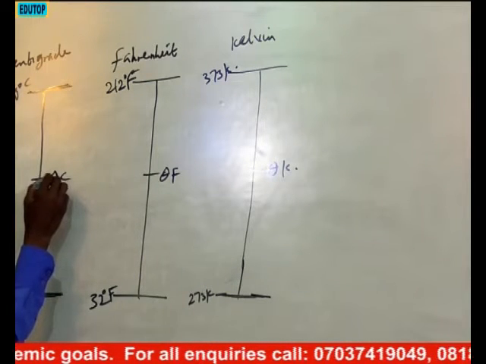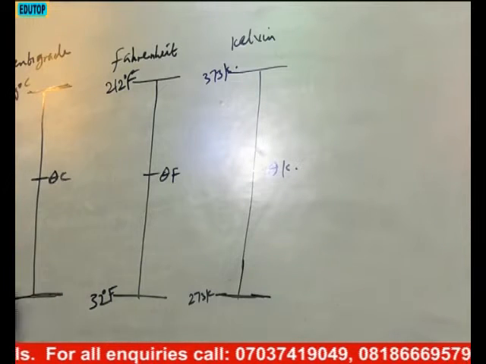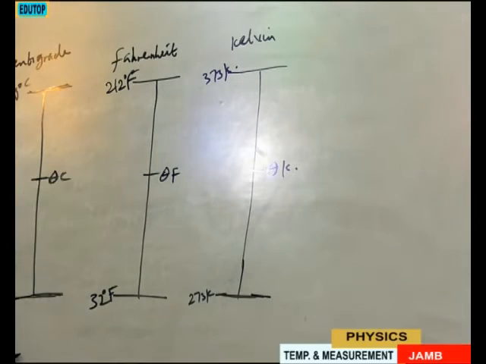The particular value that we are having here, we put theta. That is the value to be determined. Let's assume we have a thermometer. We dip that thermometer inside a hot liquid. A value will be read by that thermometer, and this is the value we have to determine if we are to use this thermometer. That is for centigrade.